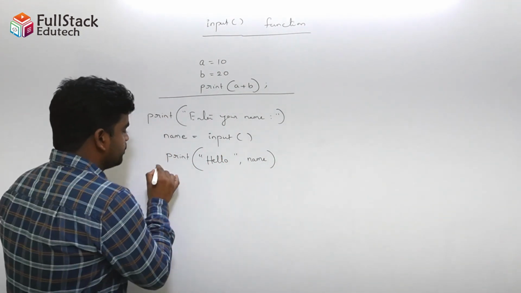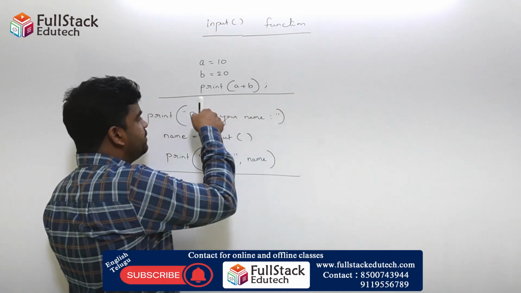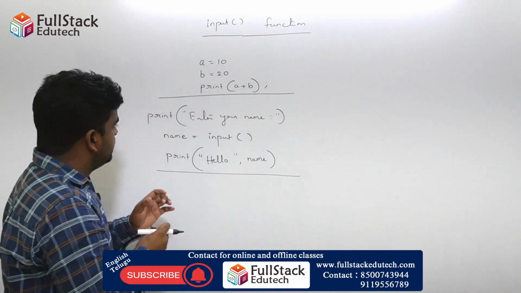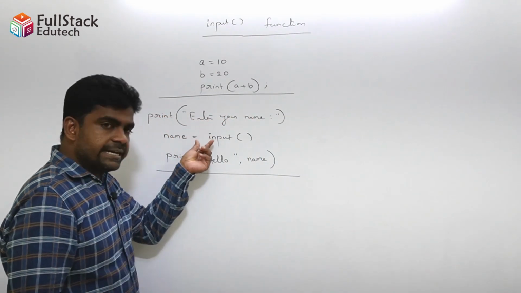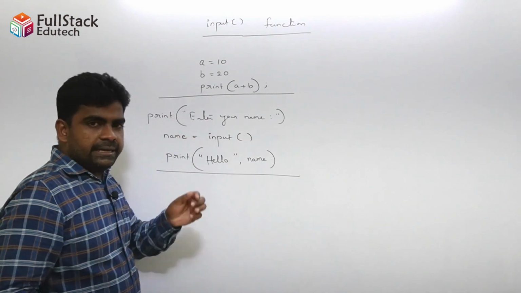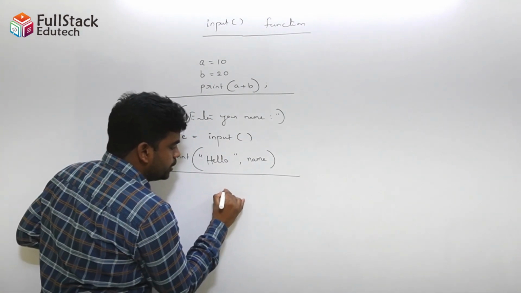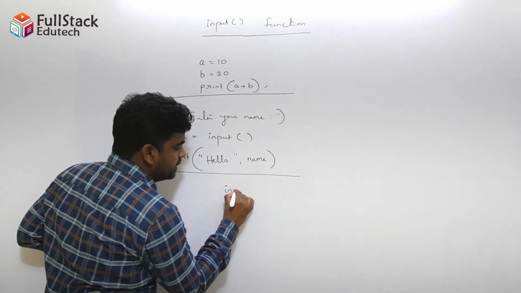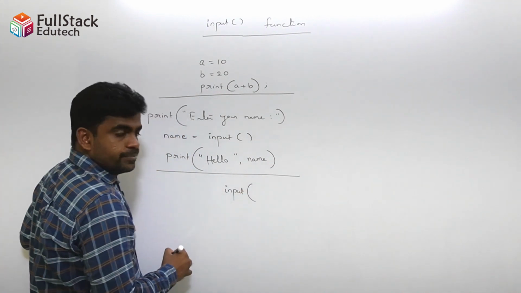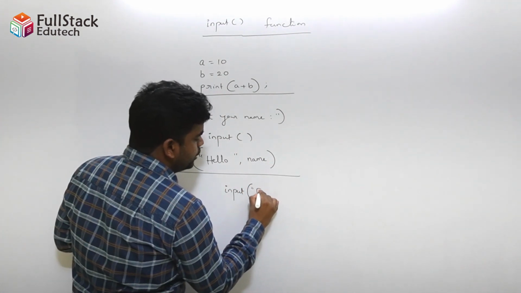And here the input function gives one more option. Here we are writing in two different statements: first we print, then input. No, here you can give the prompt directly. Input, "Enter your name."